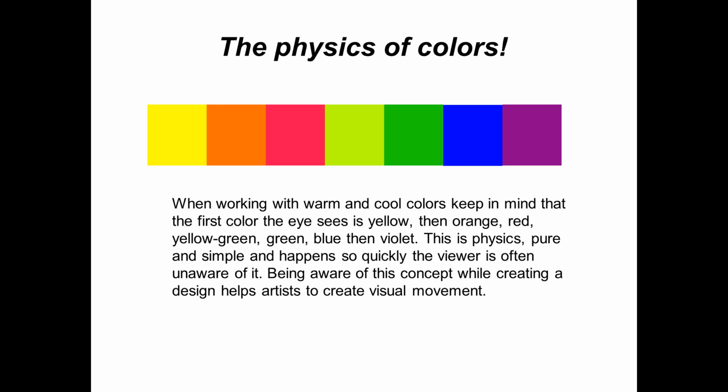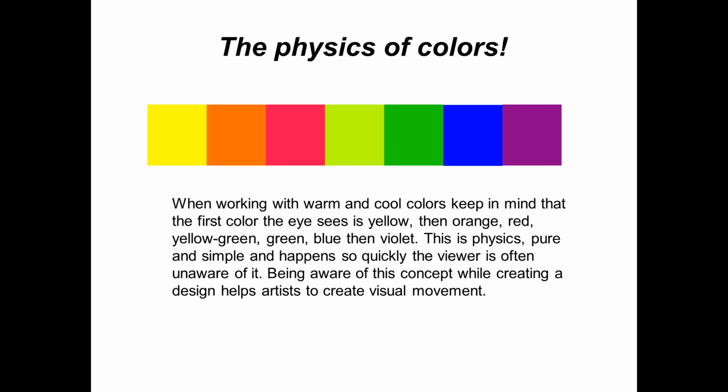Your eye first sees yellow, then it sees orange, red, yellow-green, green, blue, and violet. This is physics, pure and simple, and it happens so quickly that the viewer is often unaware of it. Being aware of this concept while creating a design helps the artist to create visual movement.